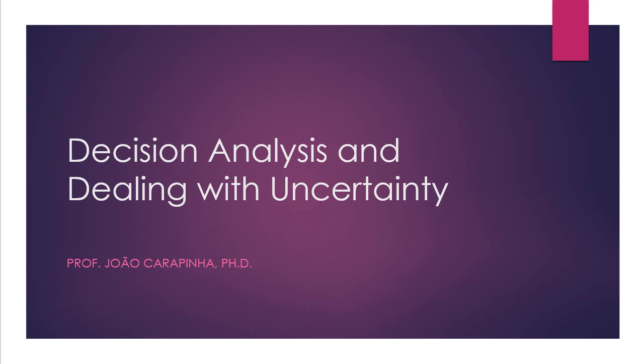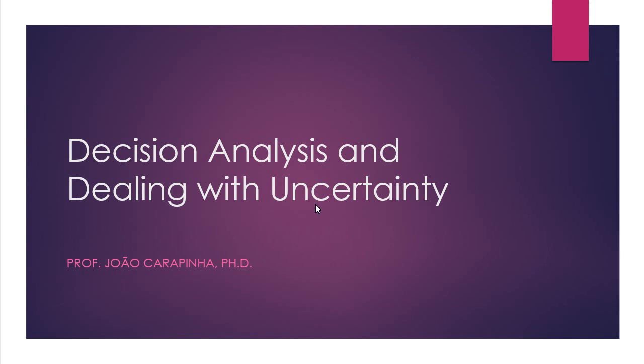So dealing with uncertainty is very much focused on the variability of different input variables that are used in the pharmacoeconomic analysis, and this applies to all the different methods that we've covered in this course so far.